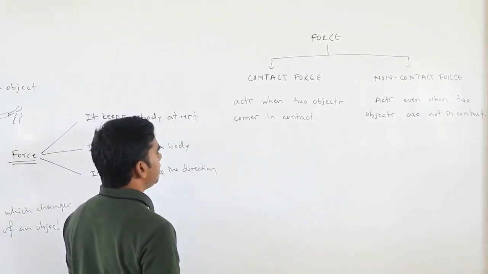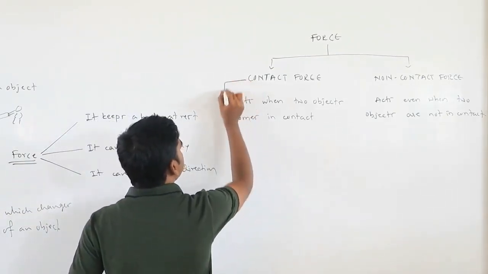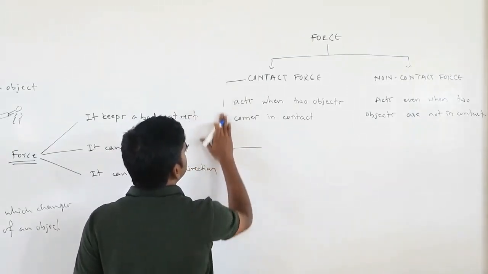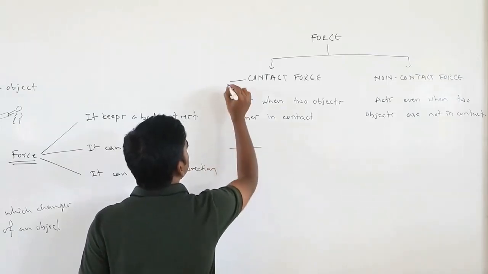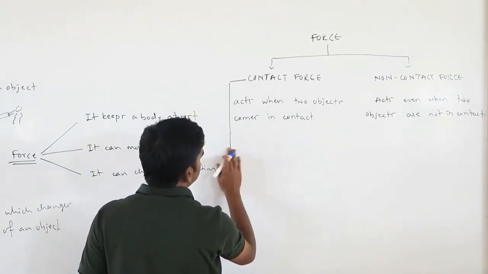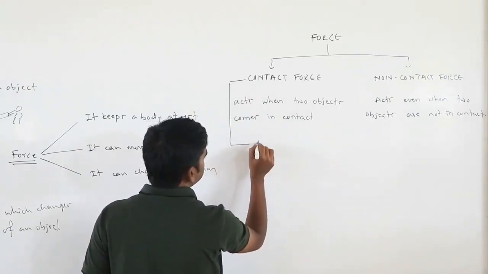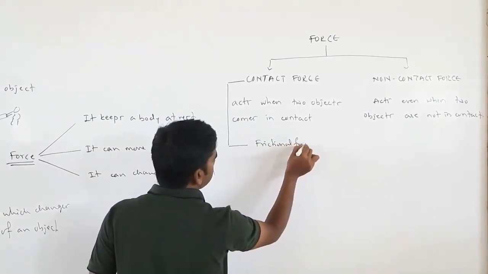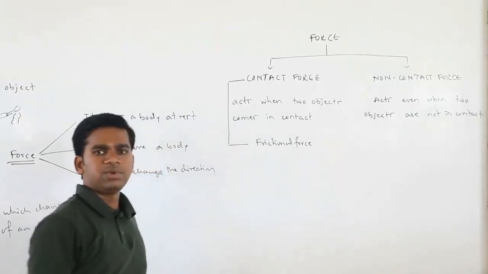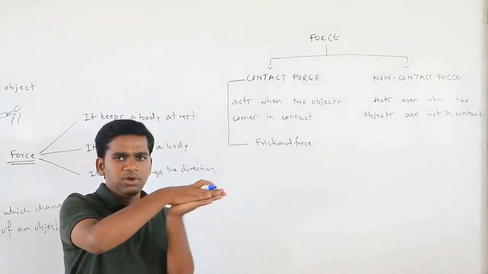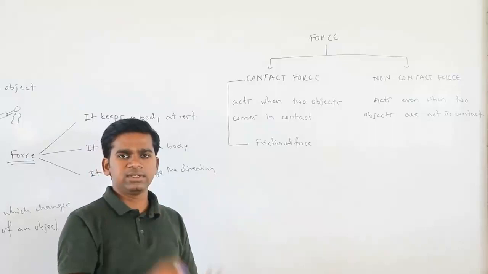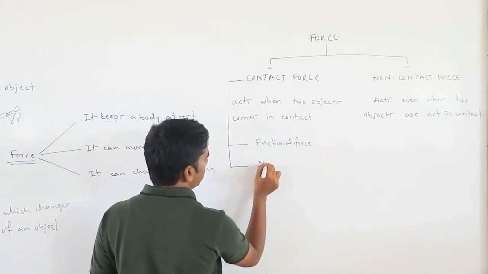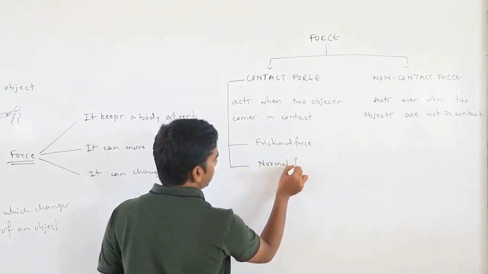Okay, so if we take the types of this one, what are the things we are having in this? So the frictional force. Frictional force will come into action when two bodies come in contact. Otherwise there is no friction, or simply we can say normal force.